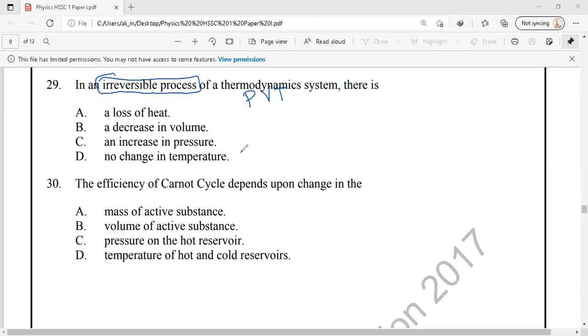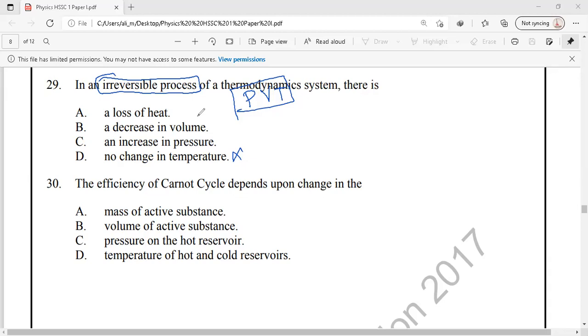There is no change in temperature. This is incorrect because these parameters will change in a thermodynamic irreversible process. There is an increase in pressure, so pressure will remain constant. A decrease in volume, so this is not true because the volume must come to the initial volume of the working substance.